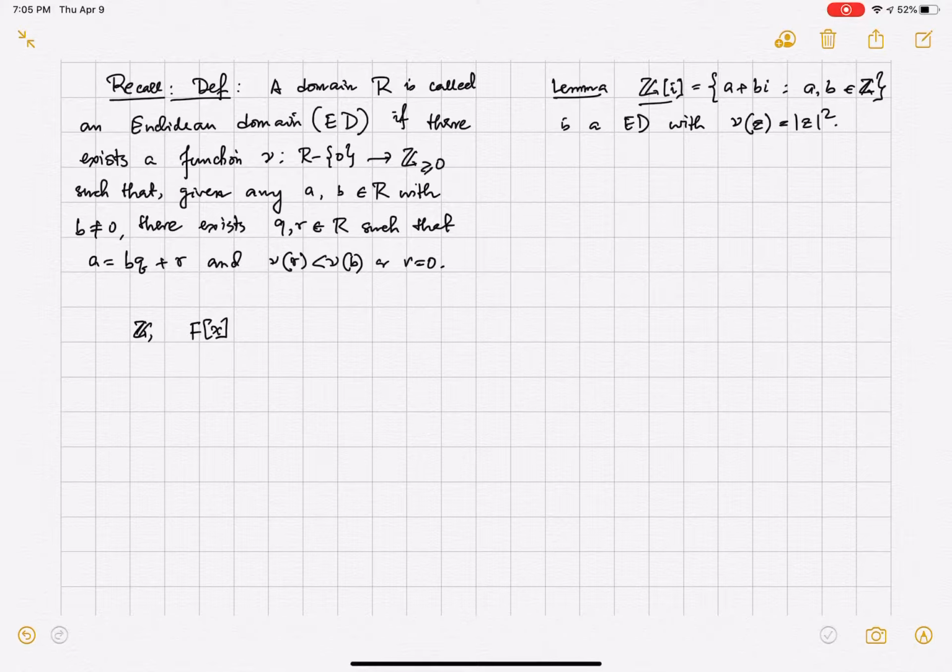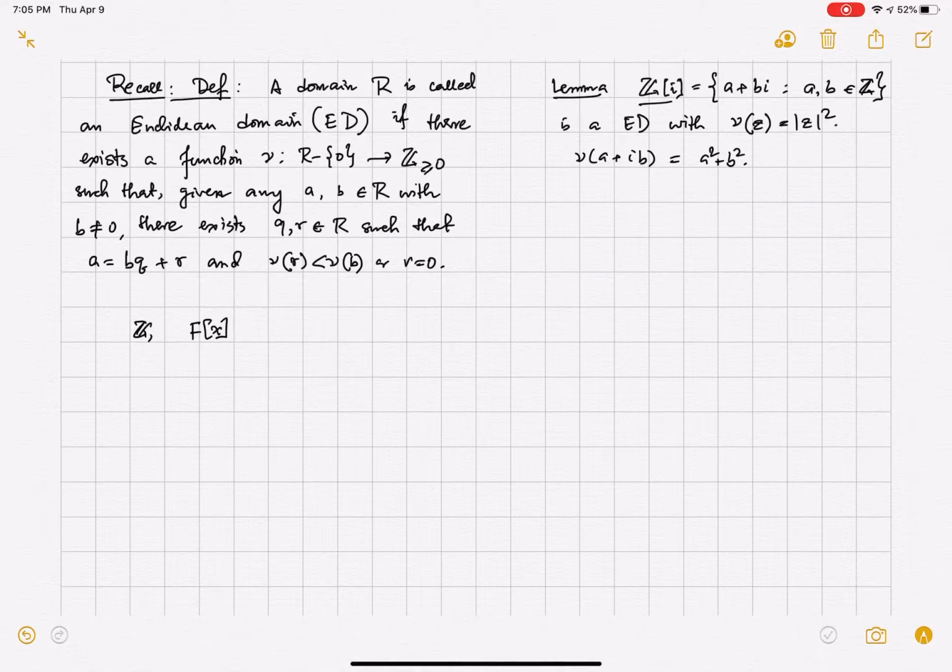So this is a Euclidean domain with the Euclidean valuation nu being the absolute value squared. So nu of a plus ib is a squared plus b squared.